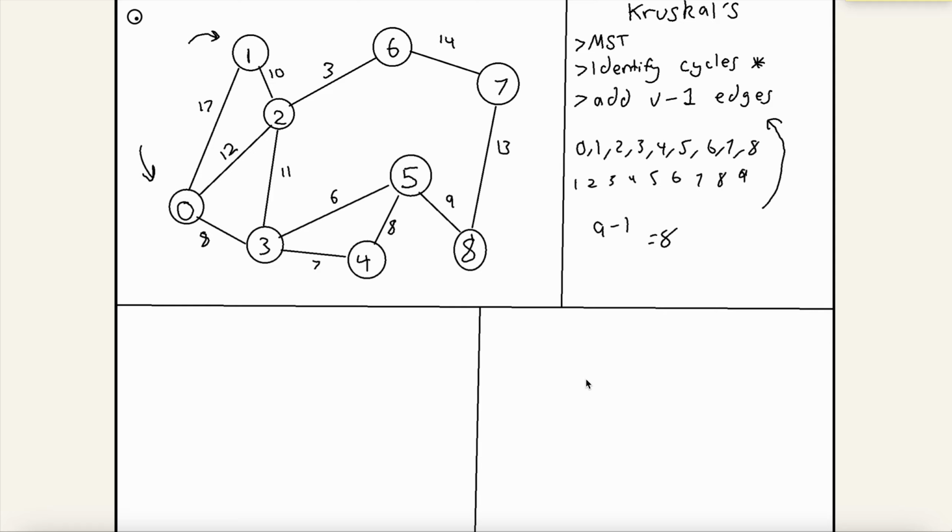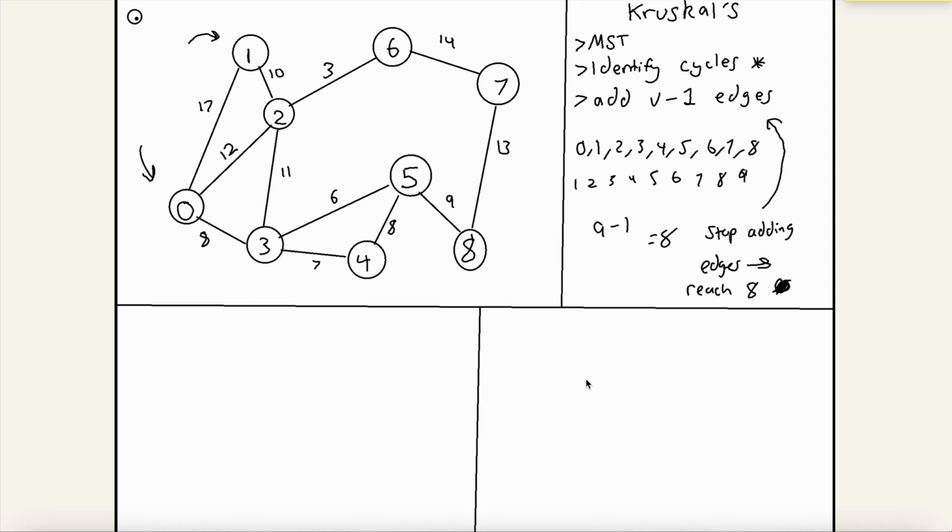So we want to stop adding edges when we reach 8. This will make sense as we continue on with this algorithm.